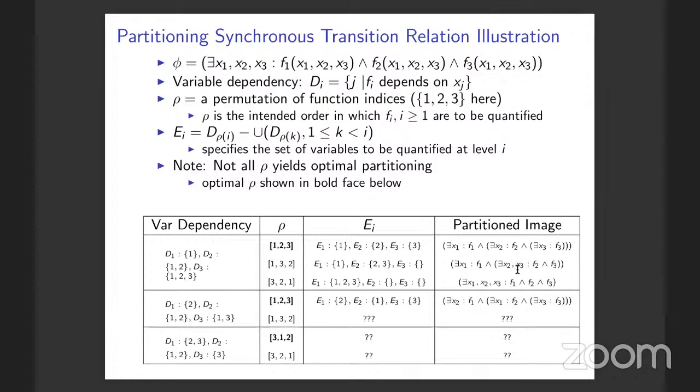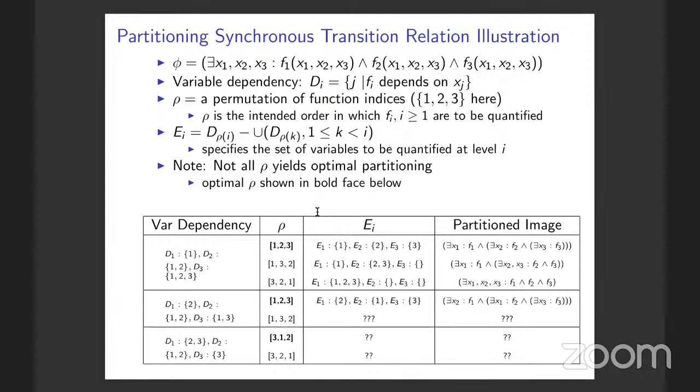So the question is, how do you get this rho? There are some cost metrics that are discussed in the book. I'll go through that; I don't have a slide for it. Maybe we will revisit this next time.